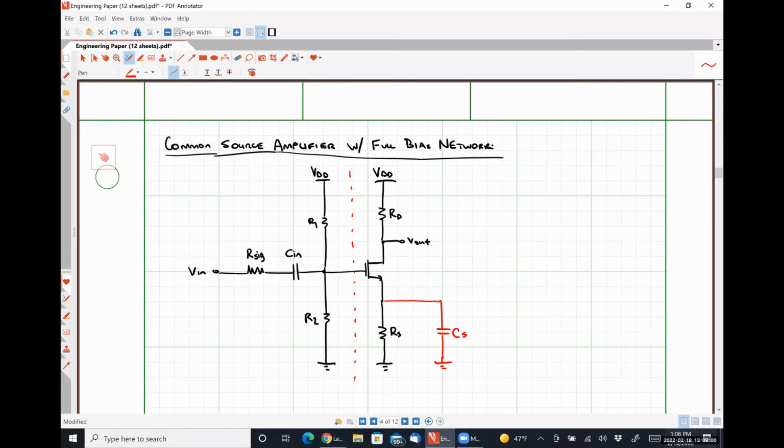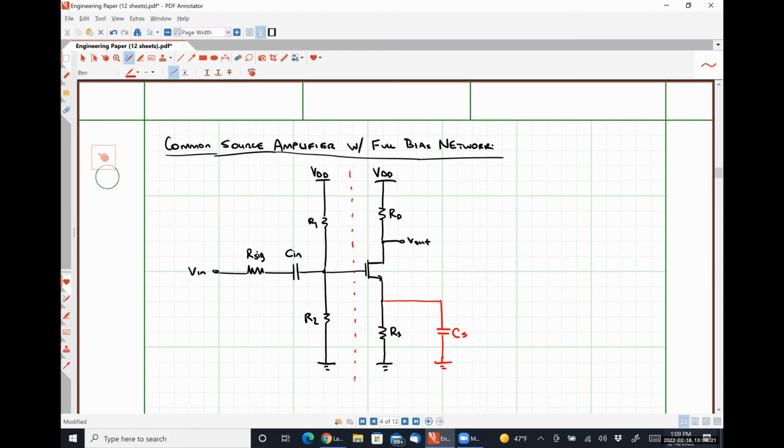Everything to the right of this dashed line looks like our common source core amplifier, or the most simple representation. And everything to the left looks like the voltage divider network, or the stuff that we've been beating to death in this class for the last several weeks.